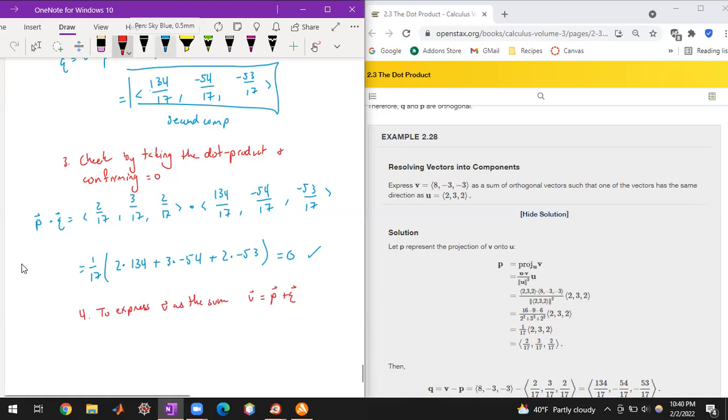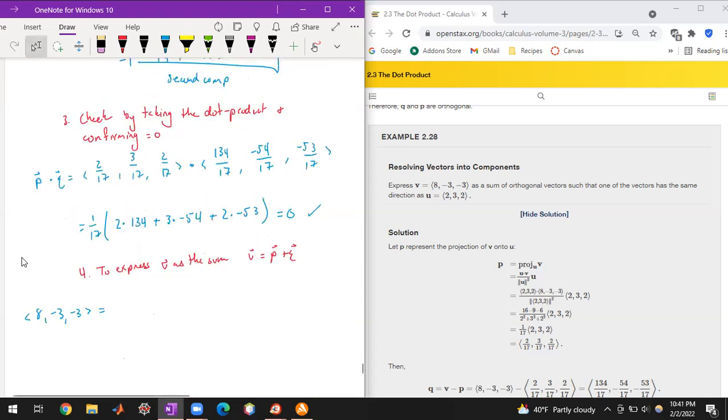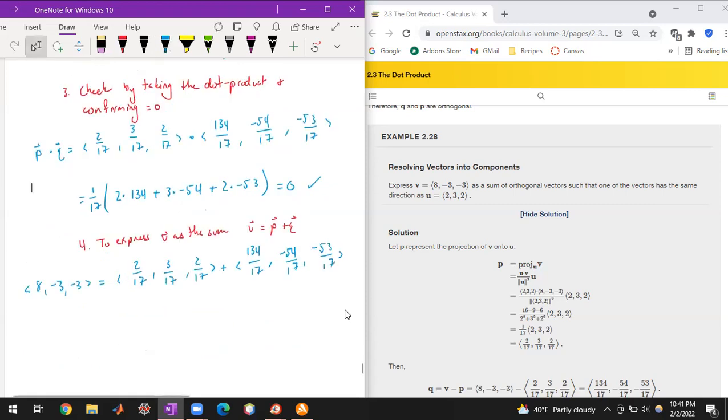Our vector v was 8, -3, -3, and this is equal to p, 2/17, 3/17, 2/17, plus q, so 134/17, -54/17, -53/17. Goodness gracious, notation, right? All right, nicely done.